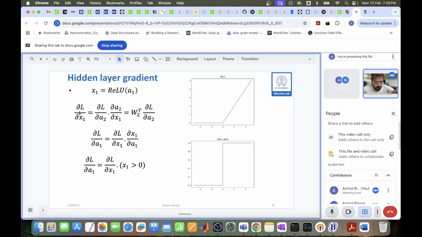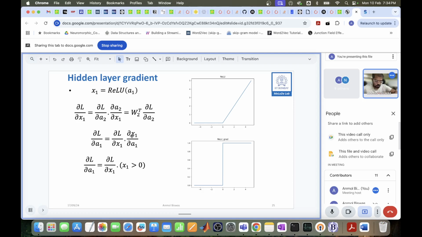So I have the gradient of loss with respect to x1, then I just need the gradient of loss with respect to a1, and we'll be done. So we take the gradient of loss with respect to x1. Again, we apply chain rule: the gradient of loss with respect to x1 multiplied by the gradient of x1 with respect to a1. So this is the term that we have computed here.